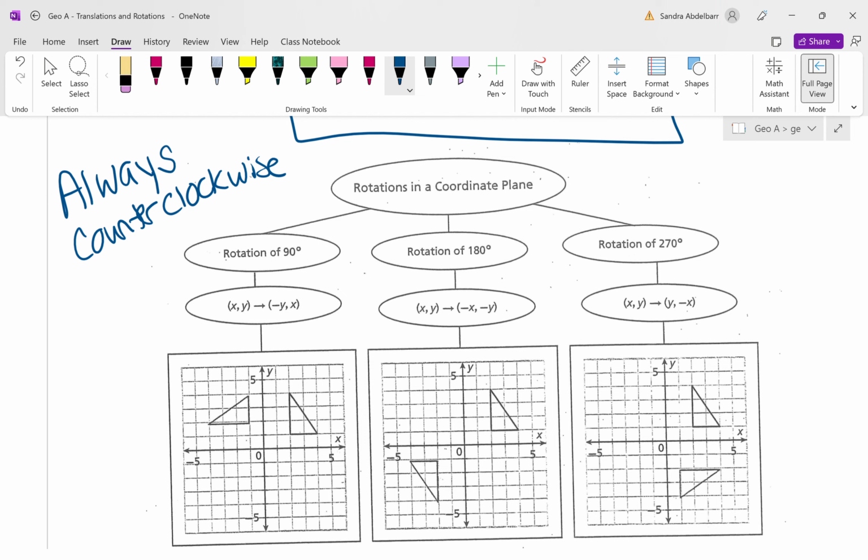So the rule for a 90-degree counterclockwise rotation is if I give you xy, you're going to negate the y and then switch x and y, which we had some practice with last class. Now, 180-degree rotation is saying keep x and y where they are, but negate them both. And then a 270-degree rotation, you're going to negate the x and then switch x and y. Are we ready for some practice?